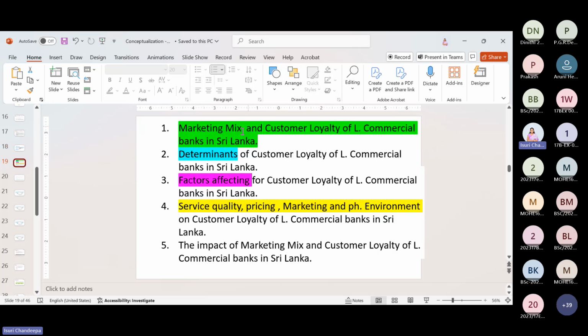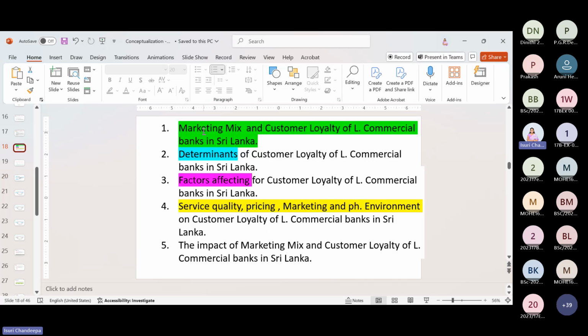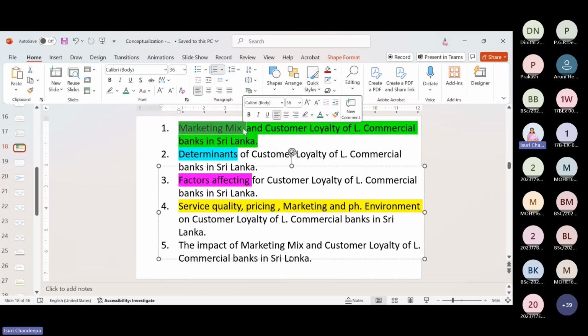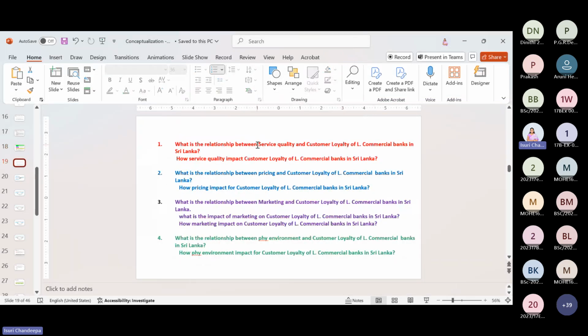Develop the research topics, and then develop the questions, and then develop the conceptual framework. The research topic is regarding the marketing mix and customer loyalty, and you develop the questions based on the four variables.